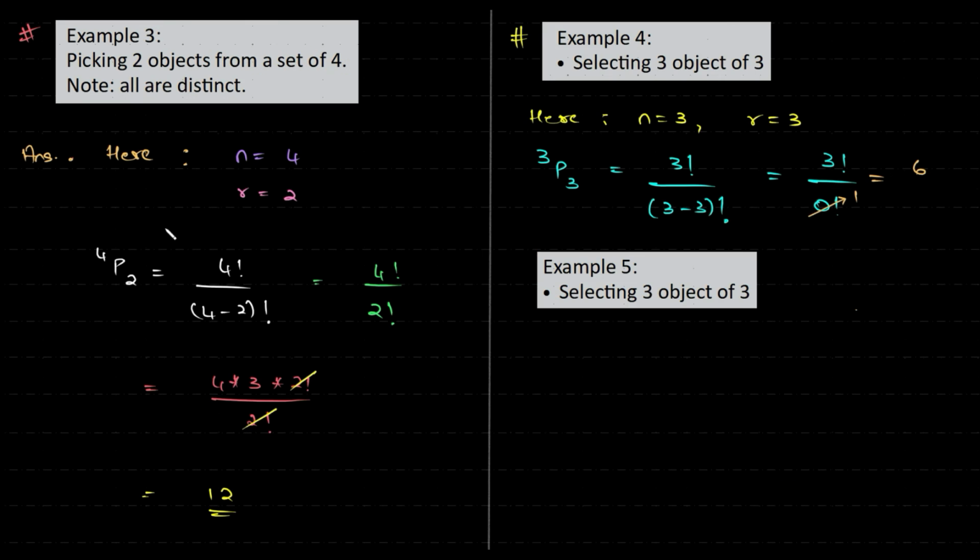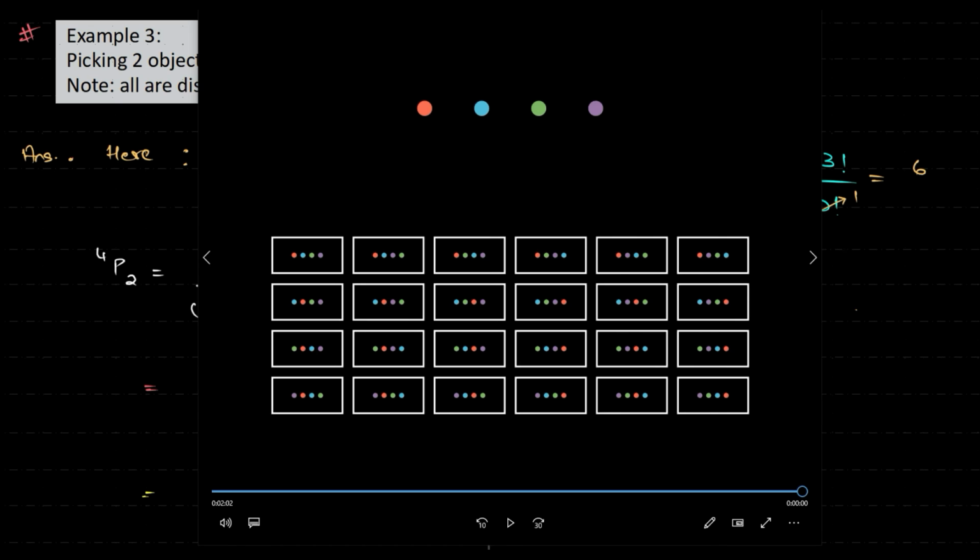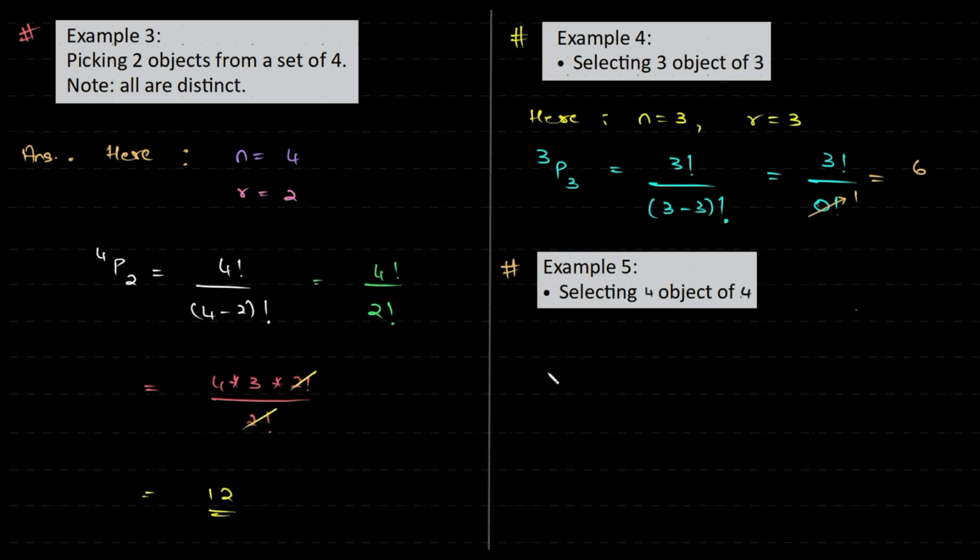So that would be our last example. So we're going to select 4 out of 4. We had how many? 24 different ways, right? You can see it over here. Again, all of these videos, we can find in your notes section. So if you're interested, you can just have a look over there.